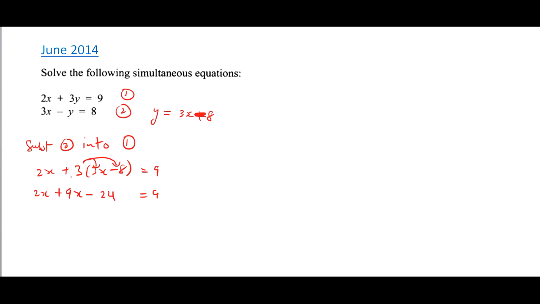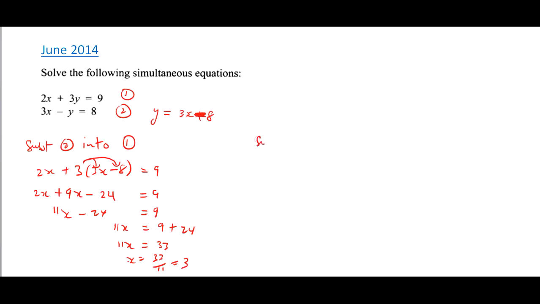So we have 9x and 2x is 11x minus 24 is equal to 9. Therefore 11x is equal to 9 plus 24, which is 33. Therefore x is equal to 33 over 11, which is 3.